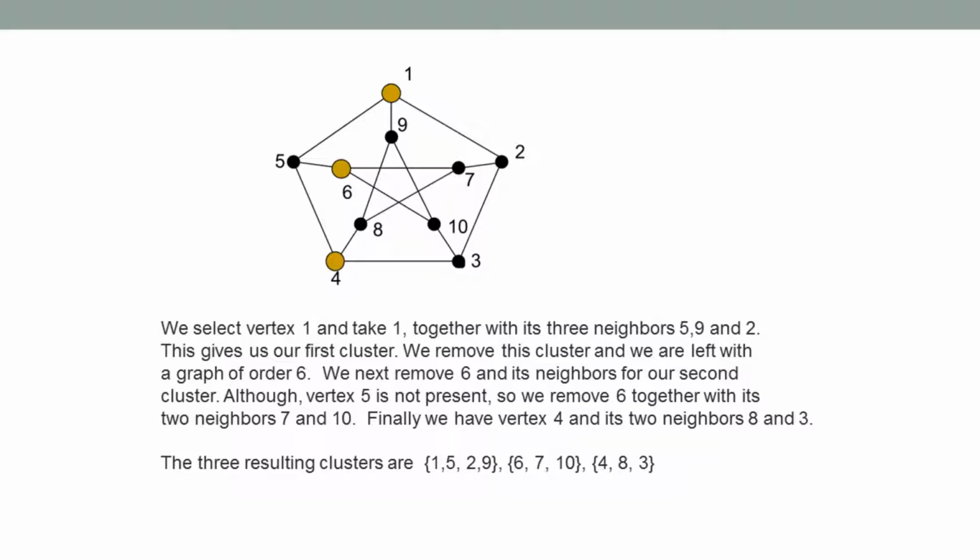That gives us our second cluster, 6, 7, and 10, leaving the last vertex in the dominating set, 4, and its two neighbors, 8 and 3. So this is our example of finding clusters based on a dominating set. And we can do either inclusive or exclusive, overlapping or exclusive.